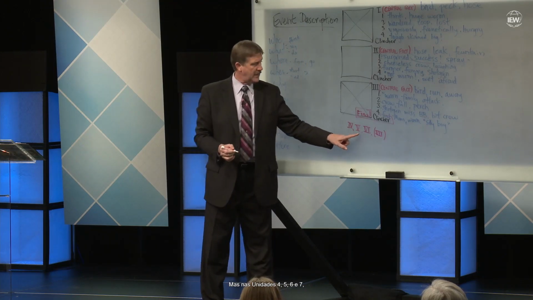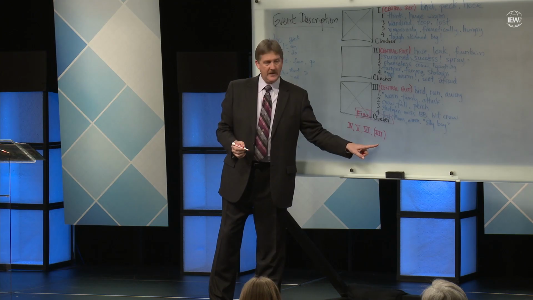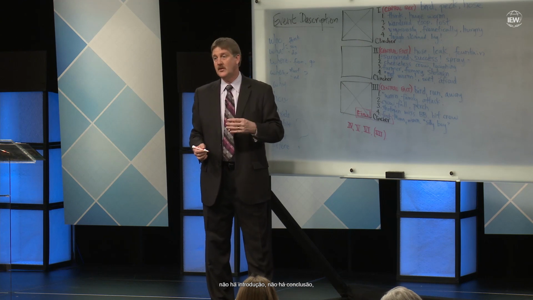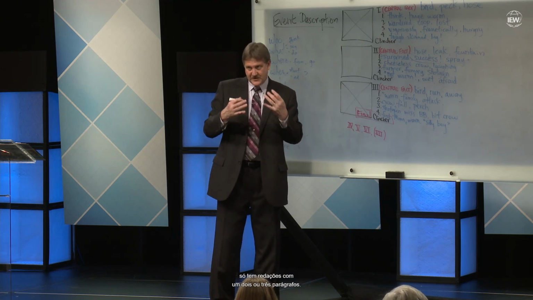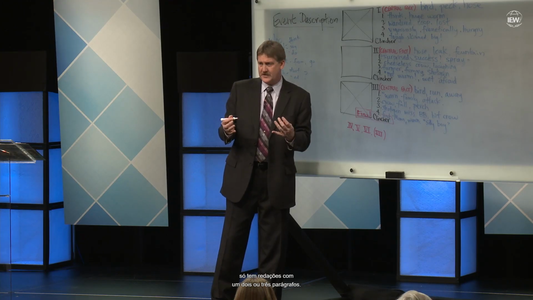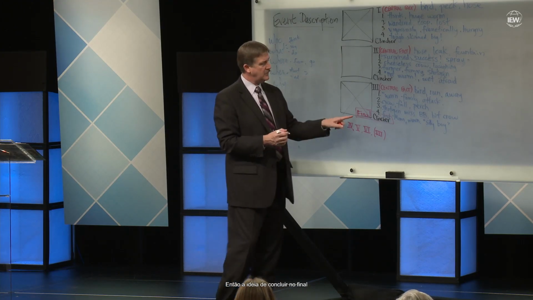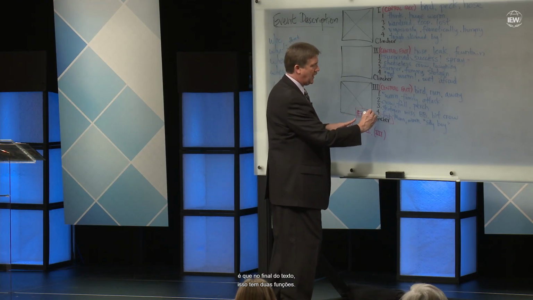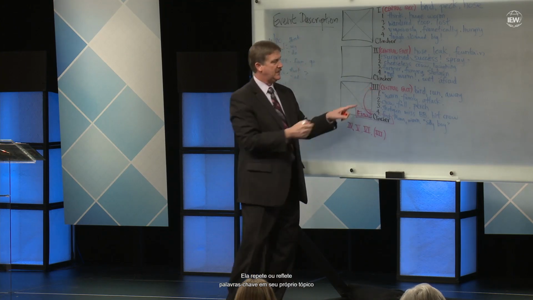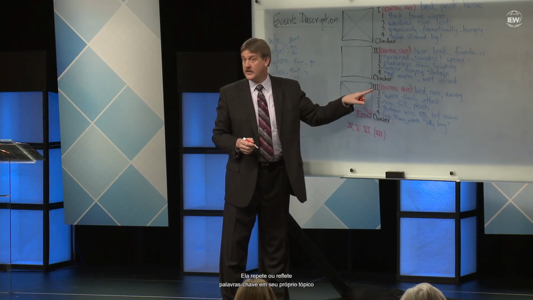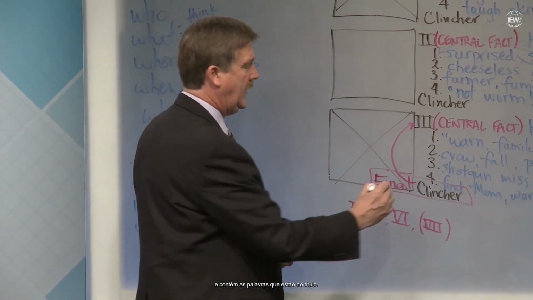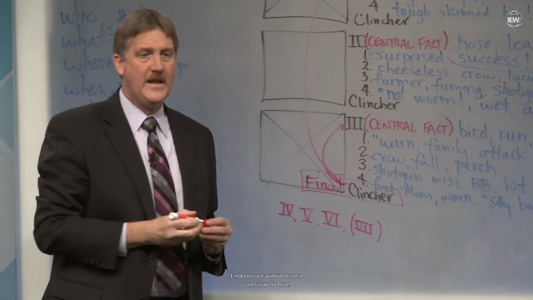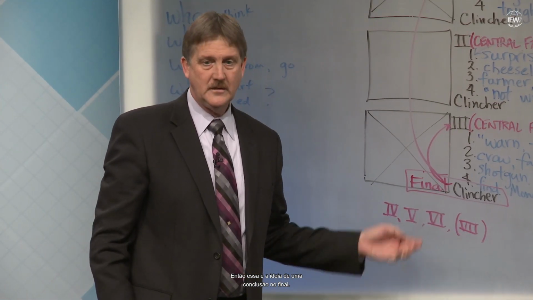But in units 4, 5, 6, and 7 if you don't have it, there's no introduction, there's no conclusion. They're just 1, 2, or 3 paragraph compositions. And so the idea of the final clincher is that at the end of the paper, this has a double job. It repeats or reflects keywords of its own topic, and it contains the words that are in the title. So that's the idea of a final clincher.